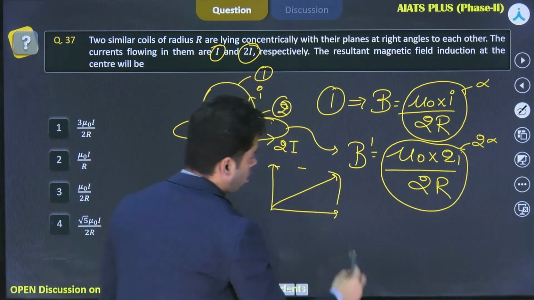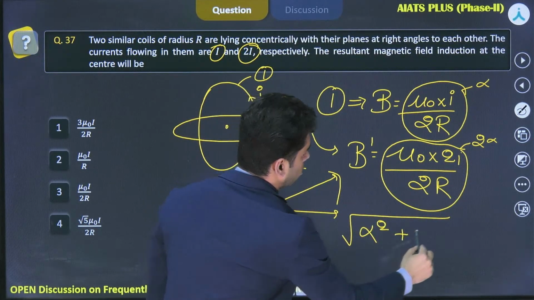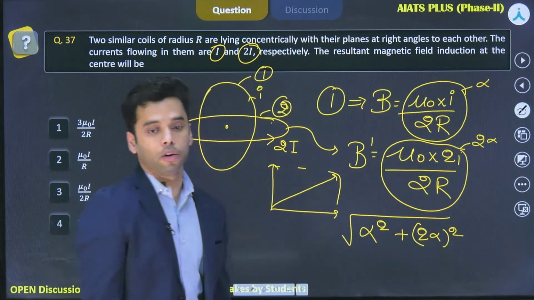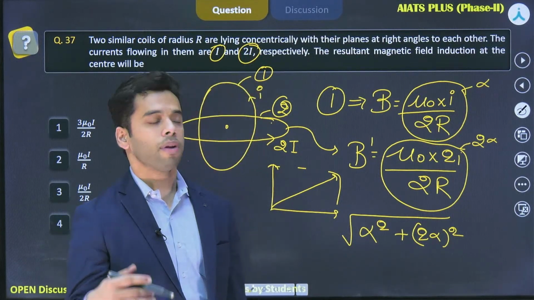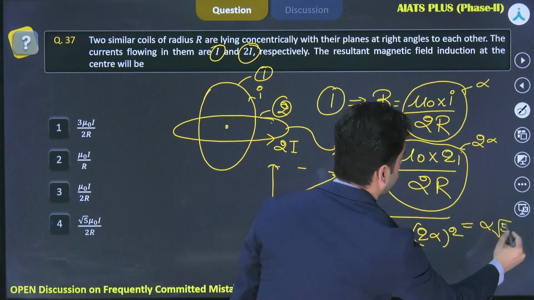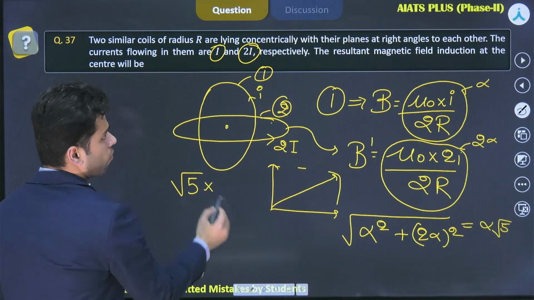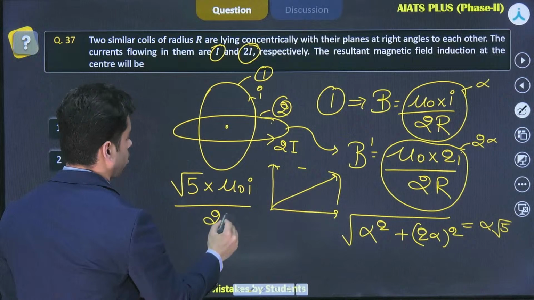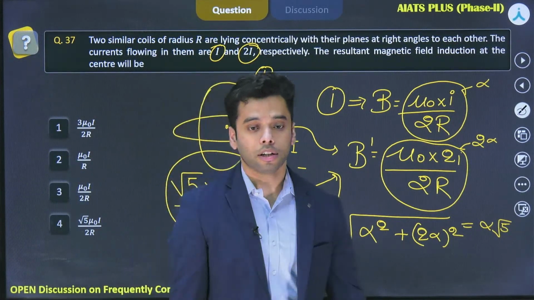So the resultant will be equal to the root of alpha square plus 2 alpha whole square, because they are mutually perpendicular to each other. So 4 alpha square plus alpha square becomes alpha root 5. The resultant is root 5 times alpha. The value of alpha is mu naught I by 2R. So root 5 times mu naught I by 2R.